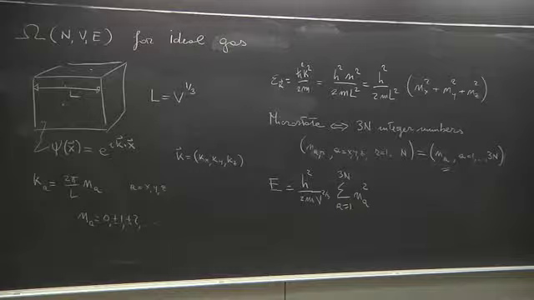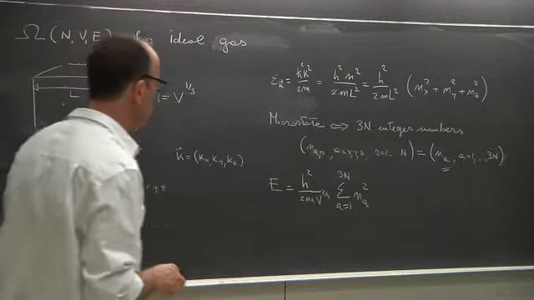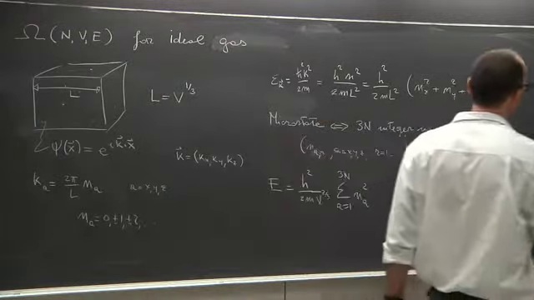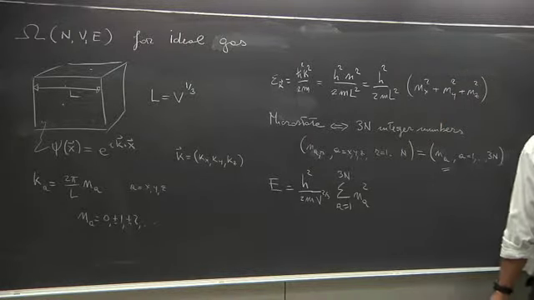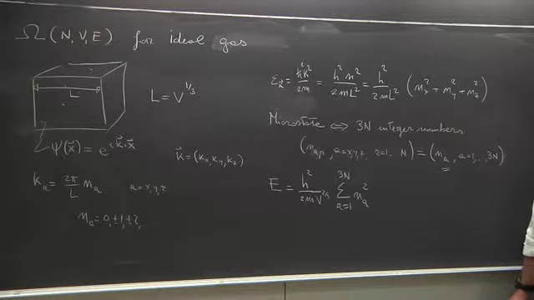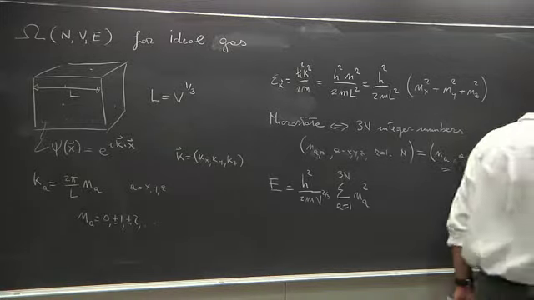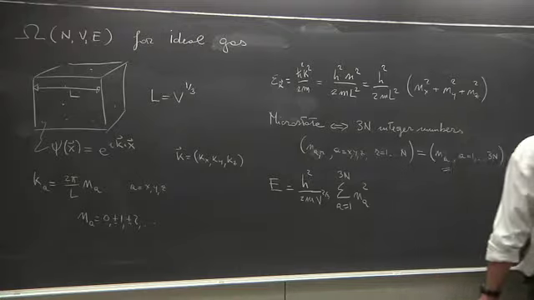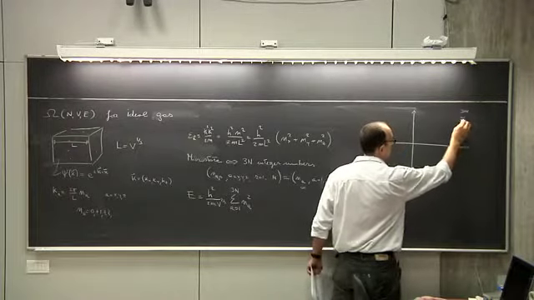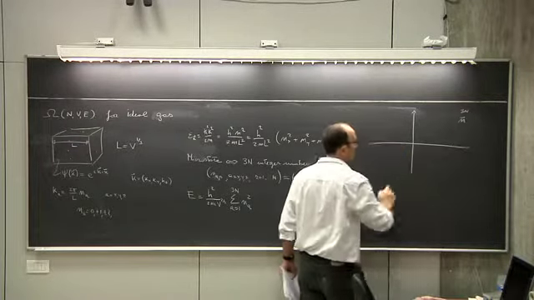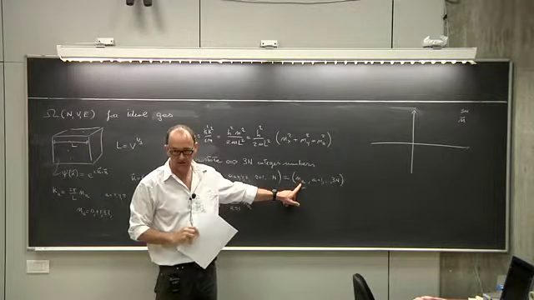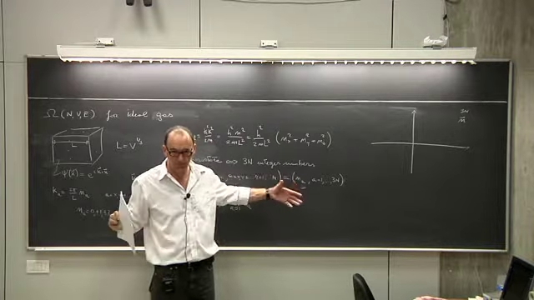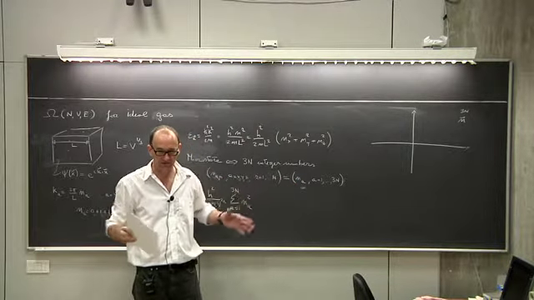So now let's think about this problem geometrically. Think of the 3n dimensional space of this vector n, with 3n components. It's a very high dimensional space.